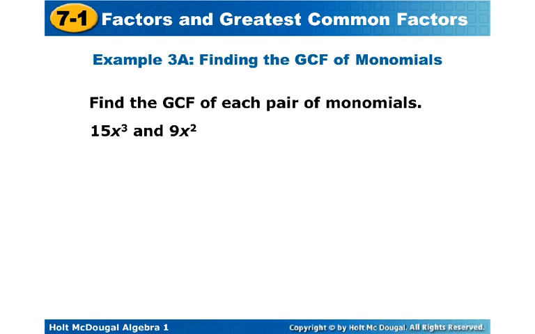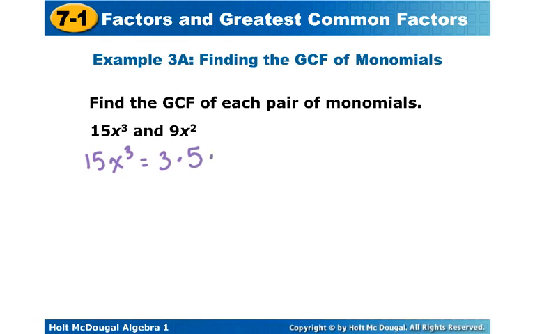So let's look at an example. You need to find the GCF of each pair of monomials. So first, just start out with one of your terms. So I'm going to first just start out with the 15x cubed, and I'm just going to write it out. So write out a factor of 15, which is 3 times 5, and then write your variable terms as a product.